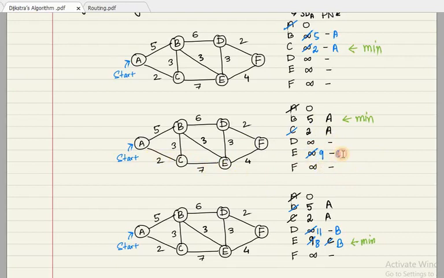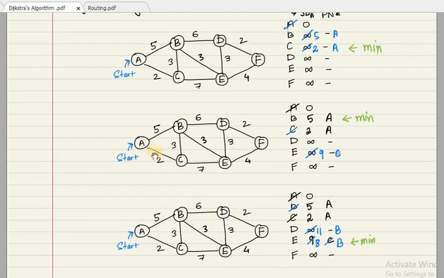And then what is this previous node we have here? It is C, right? So why is it C? Because if you have to reach E starting from A via C, then we have A, C, E. So what is the previous node we have? It is going to be C. So that's why we have written C here. Okay, earlier we did not know about the previous node, but now we have got to know. So it is C.